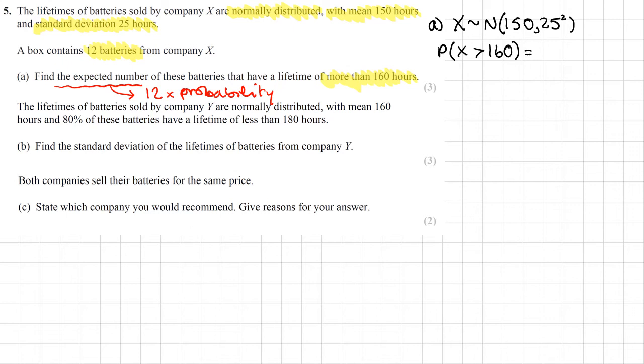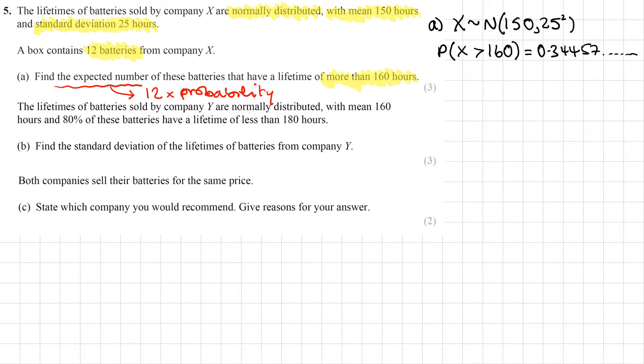You don't need to do 1 minus anything, because remember, normal distribution is continuous. So let's go to the distribution menu. We'll do normal CD, a lower value of 160, an upper value, just put in something very big, standard deviation 25, mean 150, and that gives me an answer of 0.34457 and so on. That's for a single battery.